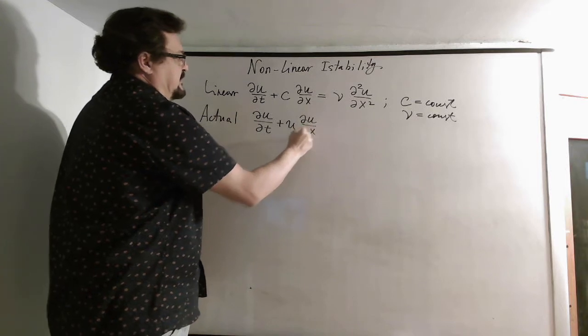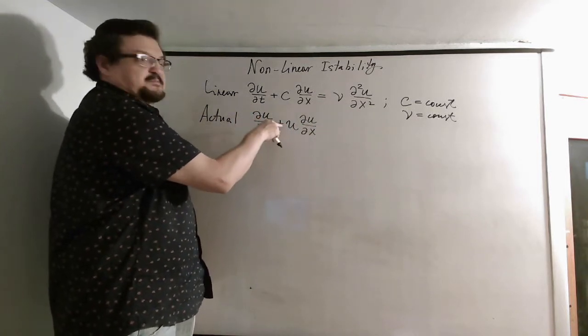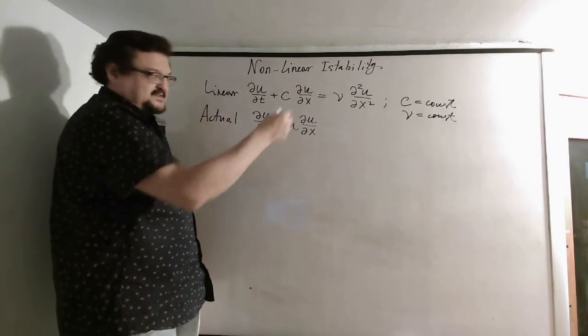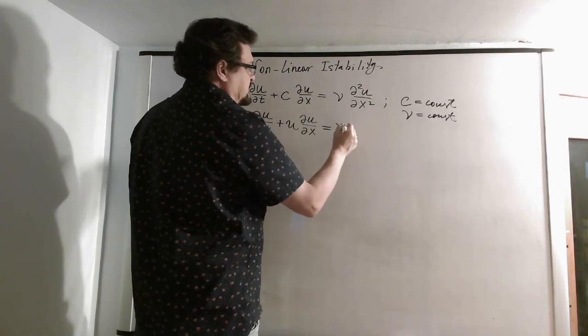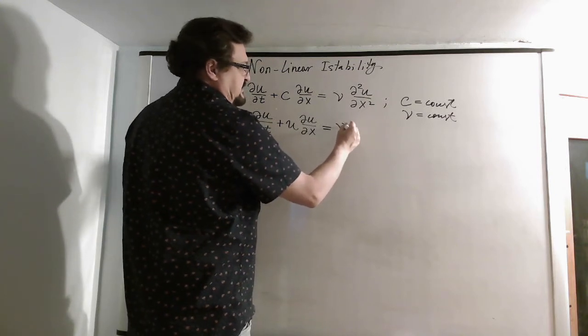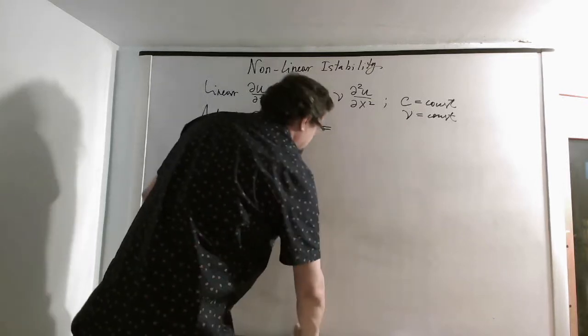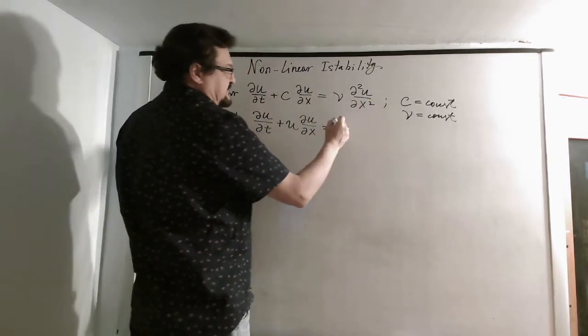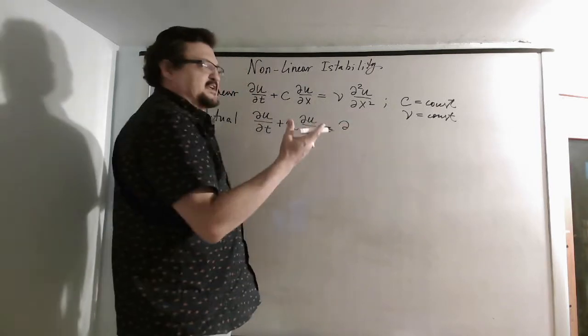So for the momentum equation, u is velocity. So u is advected by itself, by velocity itself, and it's equal to nu, which can be a function of x and time itself, and velocity too, for example, in general form, if it's some subgrid scale parameterization.